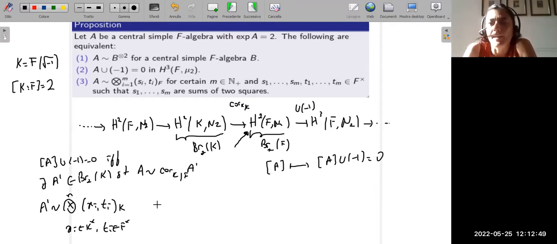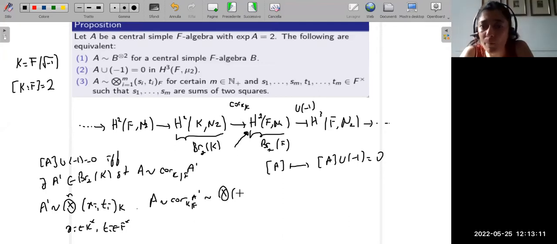Now, taking the co-restriction of A', I just need to compute the co-restriction of these quaternion algebras, and we can use the projection formula. Then A is the co-restriction of A', and taking the co-restriction of these quaternion algebras gives the norm of the x_i and t_i.